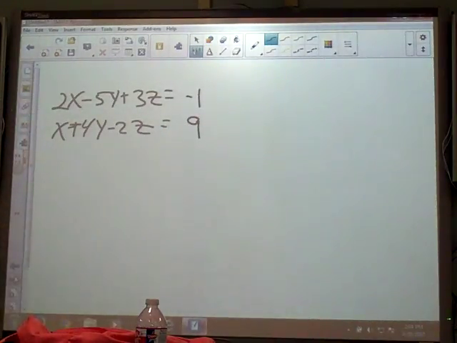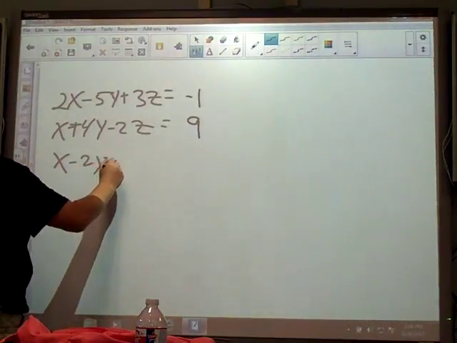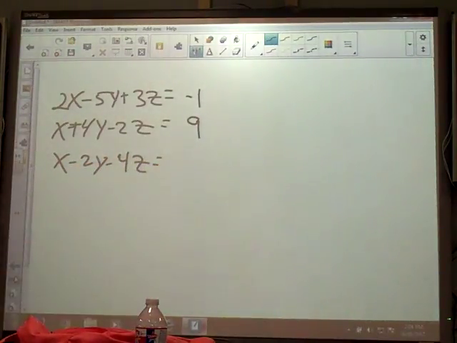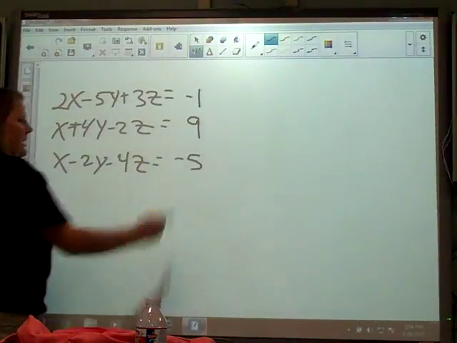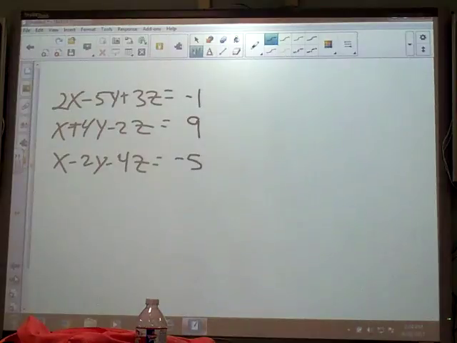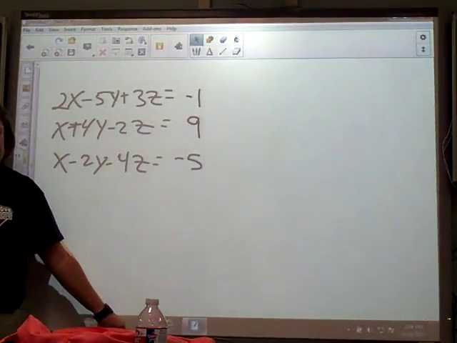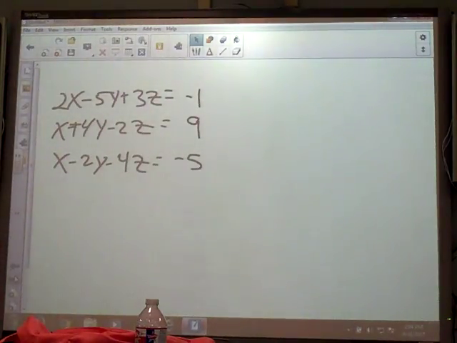And the number 3 equation says x minus 2y minus 4z is equal to negative 5. Alright, I want you to try that. See if you can get it. Talk to your huddles, see what they got.